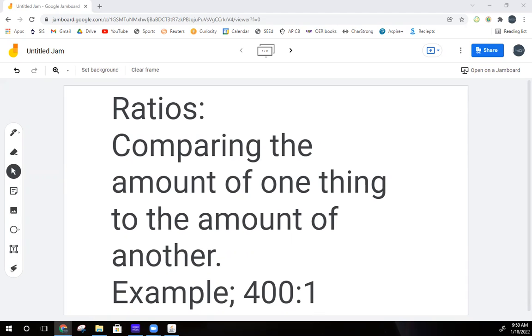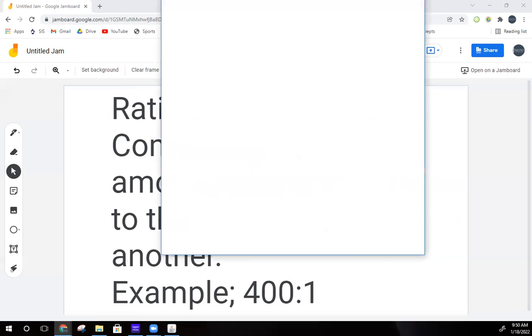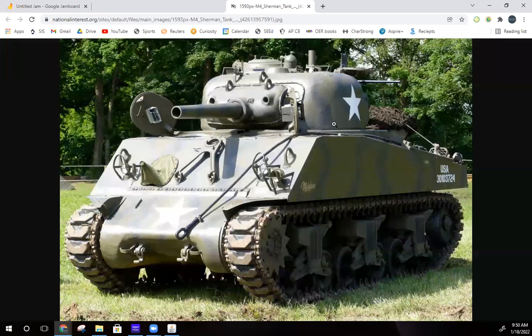Now, let's say that I want to get a model tank. One of my favorite tanks in history was this guy right here. This is the M4 Sherman. Pretty cool. And I want to show off my love for one of these things.